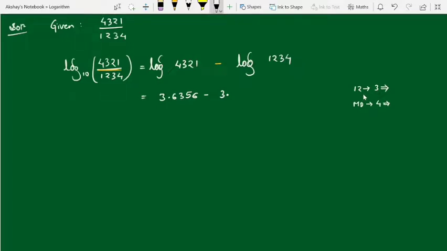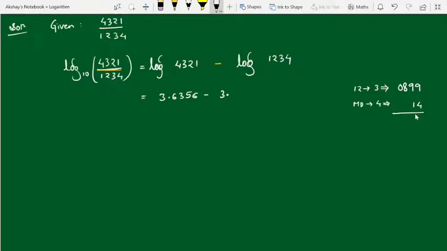So 12 under 3 in the logarithm table, 0, 1, 2, 3, the value is 0899. Next, the mean difference value, how much is needed? For 4, what is the mean difference value? 14 we have. So finally how much are we going to get?